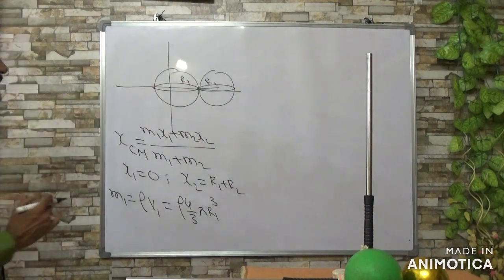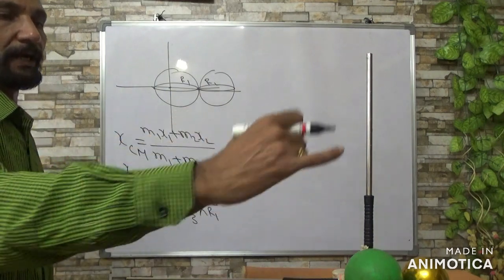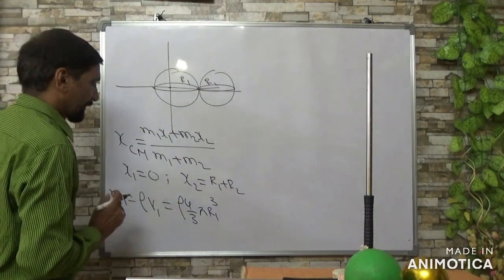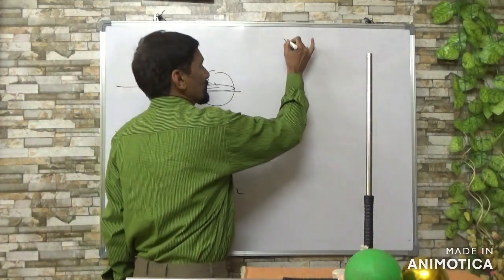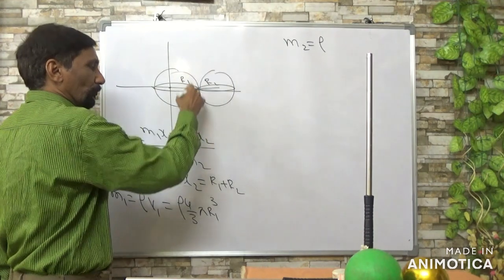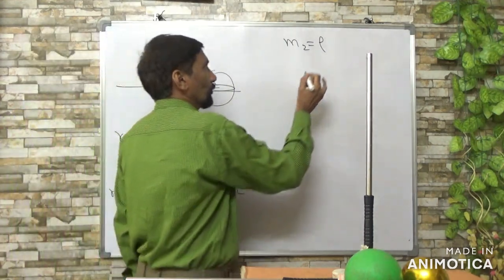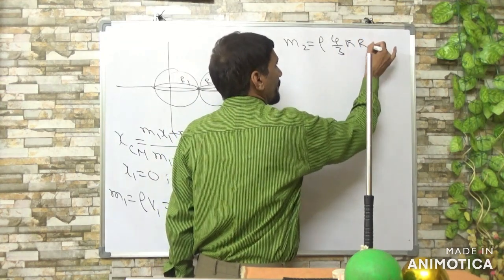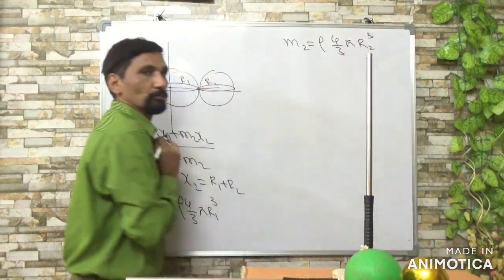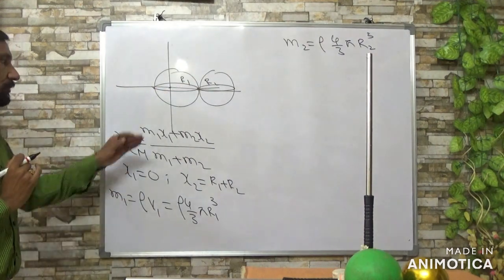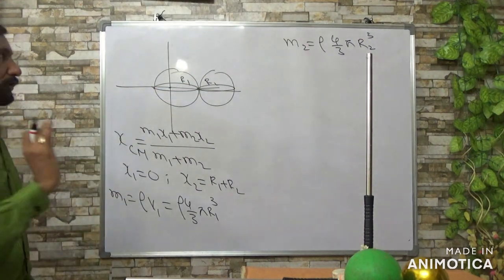Suppose both are made of the same material, then their densities remain the same. Now the mass of the second body is rho into 4 by 3 pi r2 cube. So the masses are known, and the distances are also known.